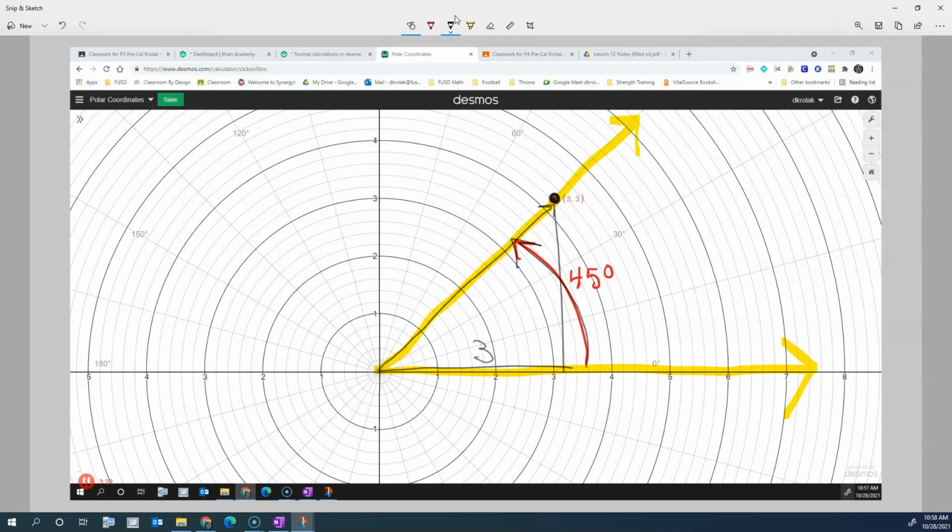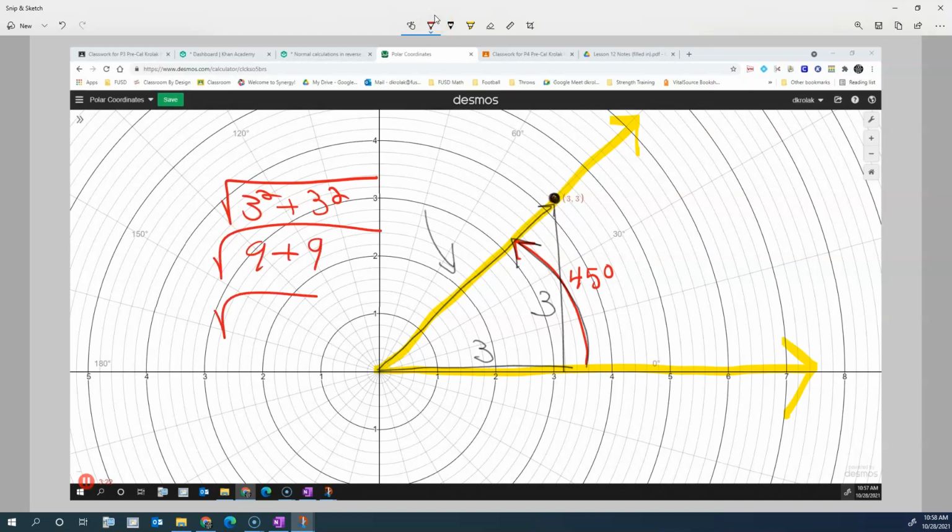If that's 3 and that's 3, then that hypotenuse is going to be the square root of 3 squared plus 3 squared, 9 plus 9, 18, and that would be 3 root 2. So I'd say, go out 3 root 2, and that's your dot.